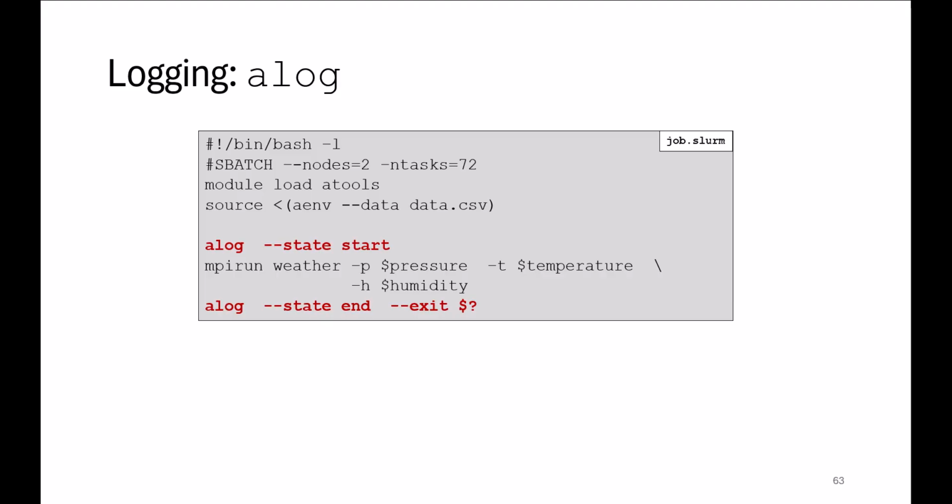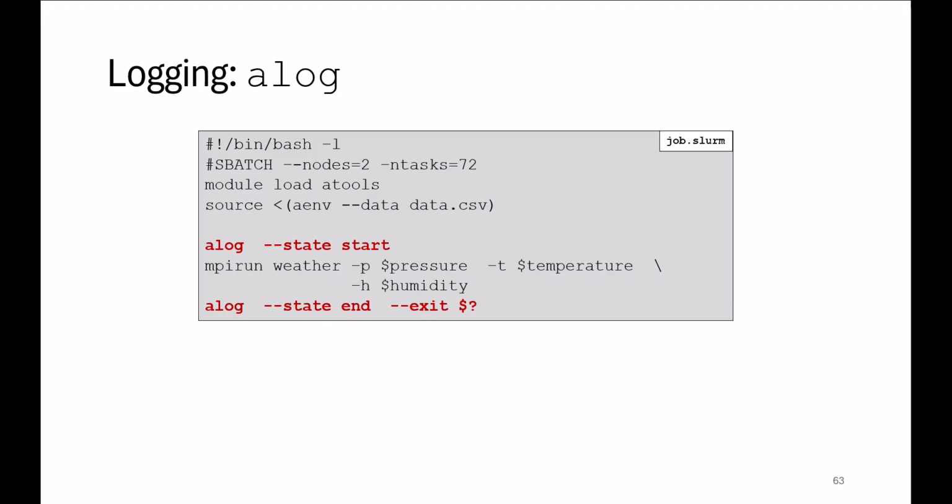And then when that task is finished, you have alog with state end, and also the exit status of this particular task. In this case, the $? is in fact the exit status of the last command that was executed. So for this example, it's the exit status of MPI run.